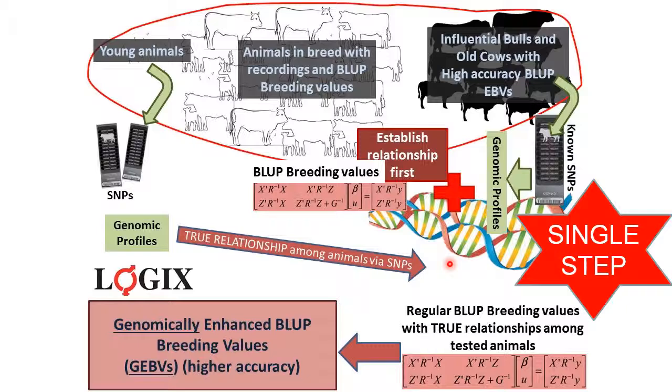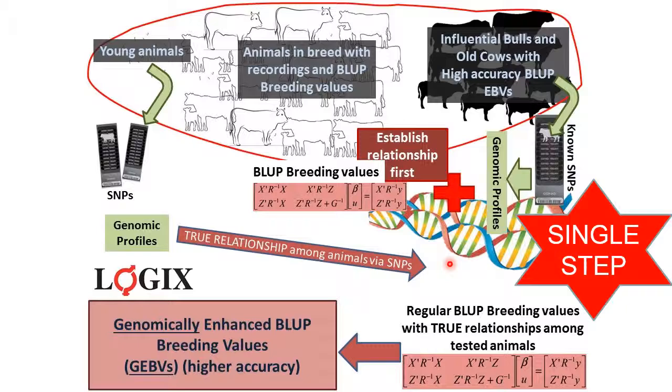You will all remember that the A matrix is the average numerator relationship matrix. That's the additive relationships amongst the animals. So with SNP information known of some animals in the population, the true genetic relationship amongst those animals can be established, not an average relationship.